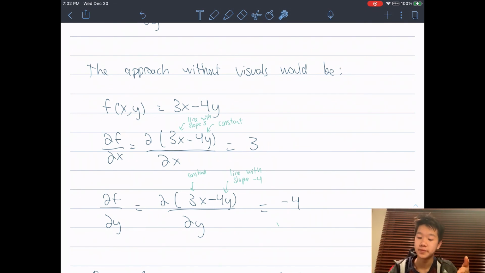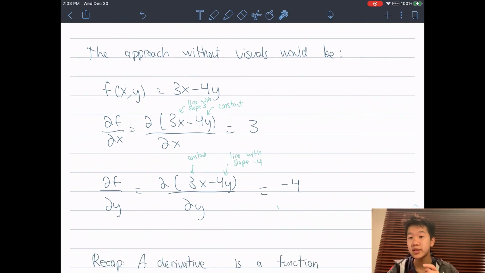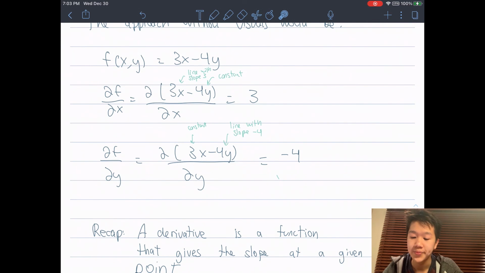It's 3. Similarly, for del f over del y, it's del of 3x minus 4y, and this time it's over del y. And then I have a line with a slope of -4, and then I have a constant added, which is 3x. So x is a constant in this case. And we get that this is just equal to a line with a slope of -4. And this is good.